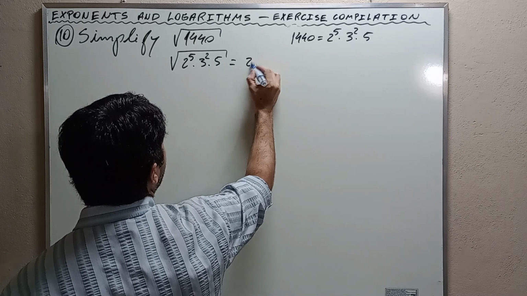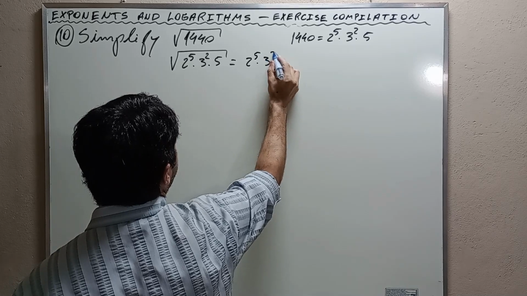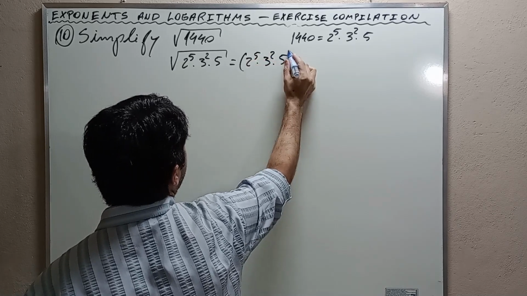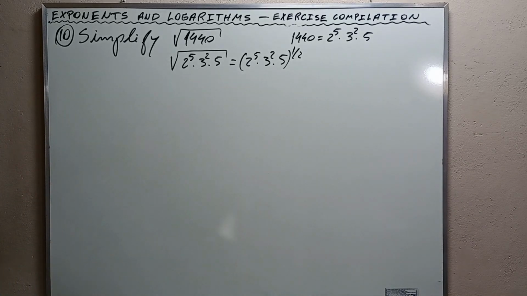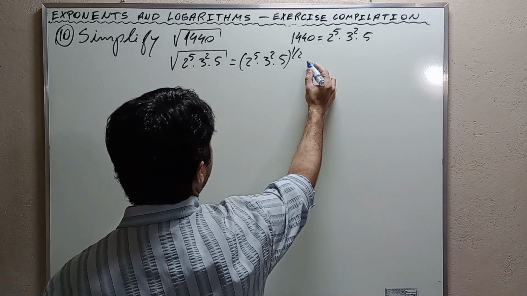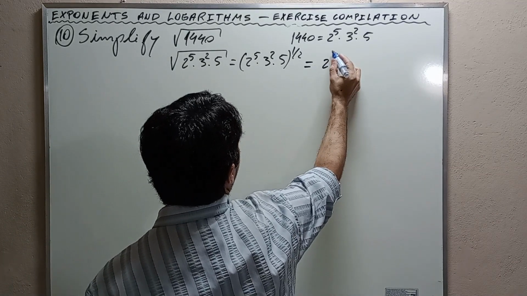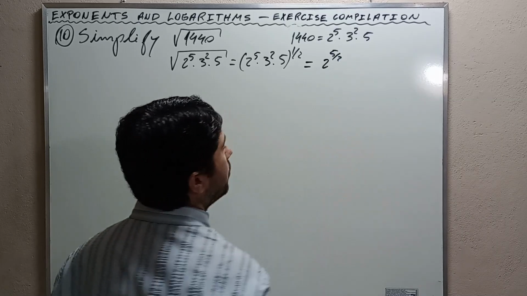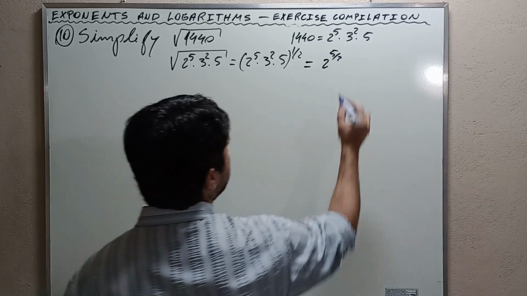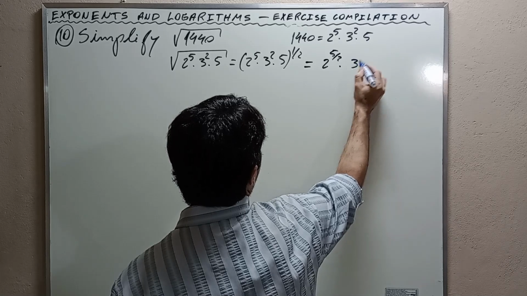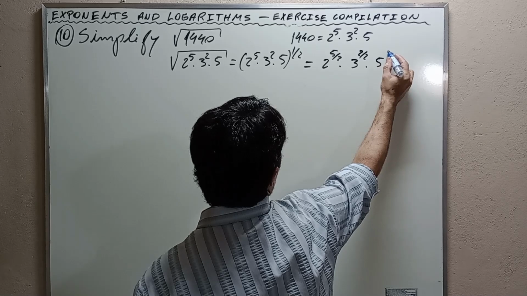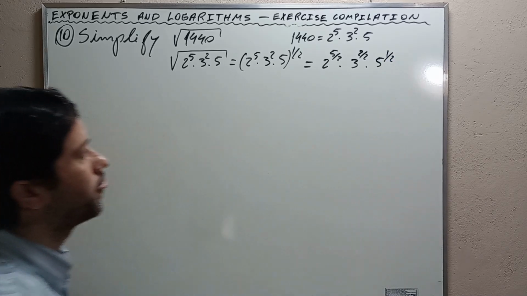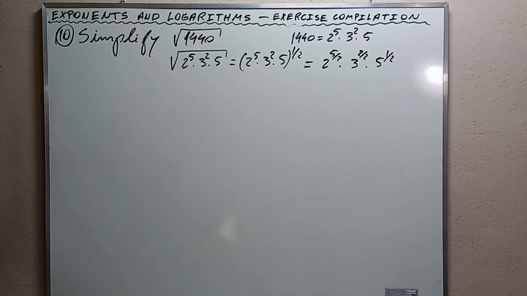Then it is 2 to the 5 times 3 squared times 5, all raised to a half. And simplifying further, we find that it is 2 raised to the power of 5/2 times 3 raised to the power of 2/2 times 5 raised to the power of a half. Okay?